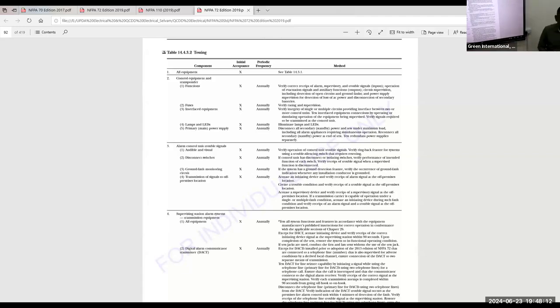And another thing: for example, we have one question related to sounders. How do we find that? Again, chapter 14 is related to testing, the 17th chapter is related to initiating devices, and the 18th chapter is notification devices.